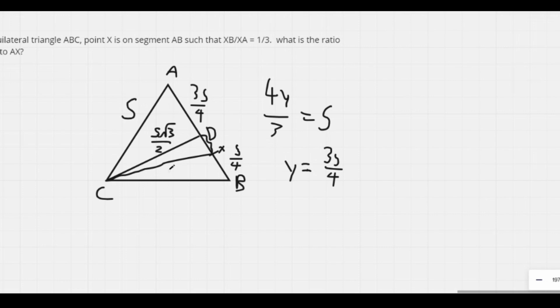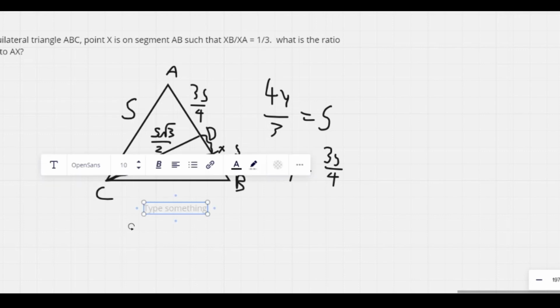Okay, and then we'll find the length of CX. So since we know that CD is S times square root of 3 over 2, we use the Pythagorean theorem. So S times square root of 3 over 2, squared, plus S over 4 squared equals CX squared.